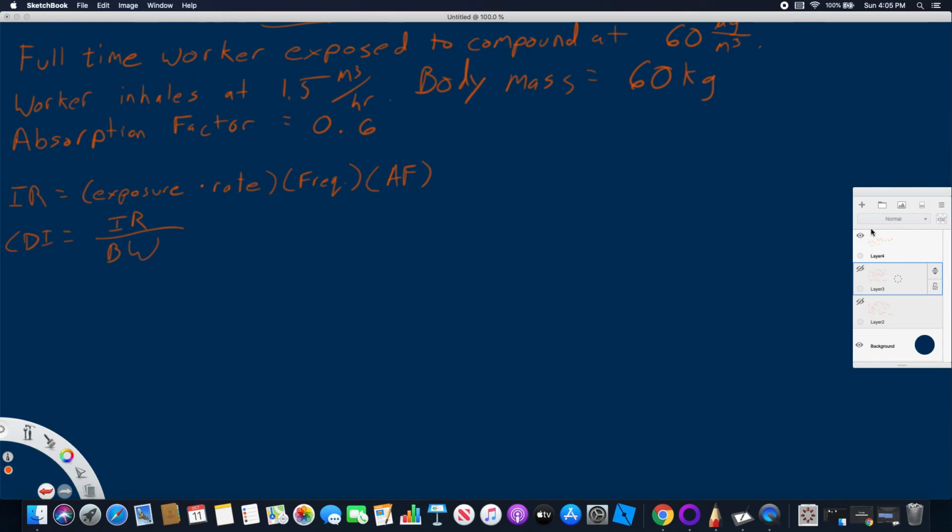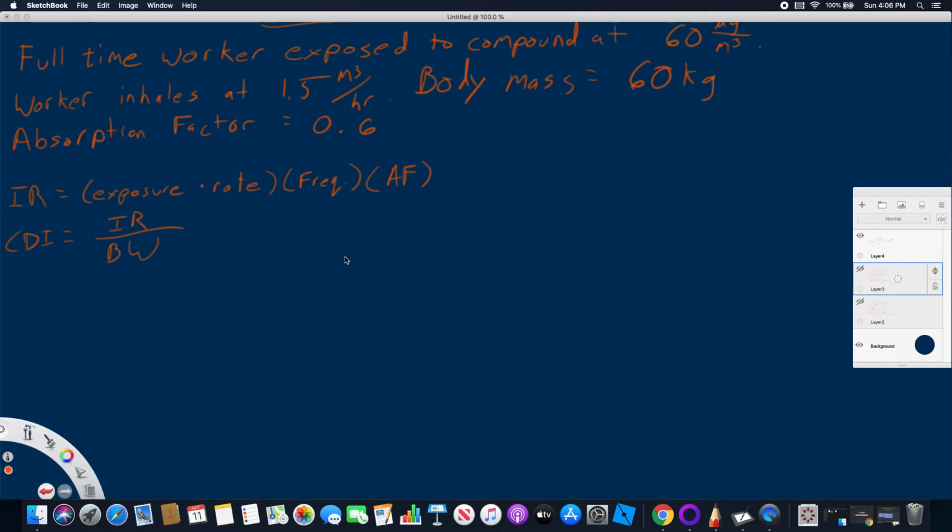In this case, we want to take a look at the intake rate, which is going to be the exposure, which is the 60. Oh, I'm sorry, it's actually micrograms per cubic meter for this example. Times the rate of exposure, 1.5 cubic meters per hour, times the frequency.